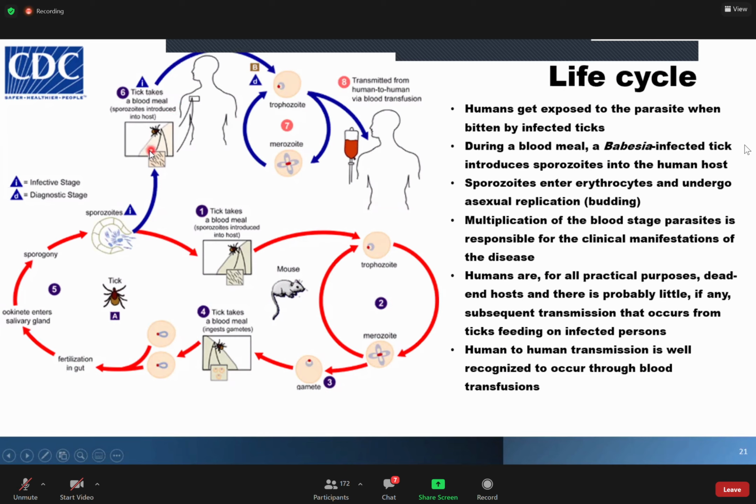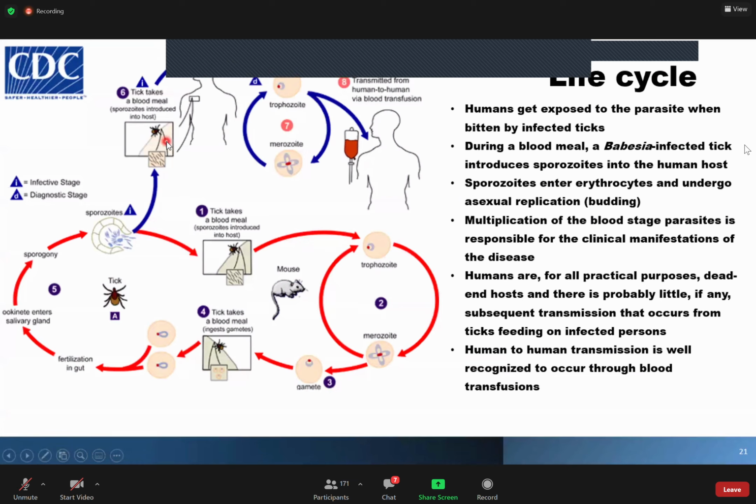Like with malaria parasite, these sporozoites are going to be dispersed. But unlike Plasmodium, where you first have an exoerythrocytic cycle, there is no exoerythrocytic cycle involved in the replication of Babesia species in humans.